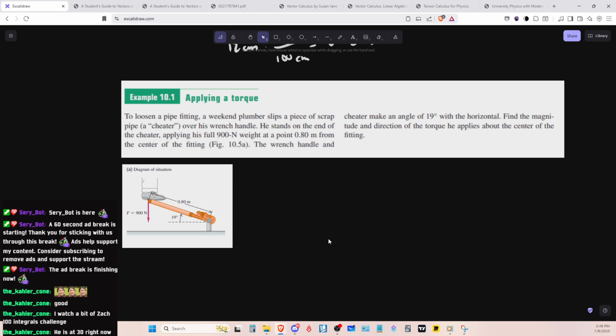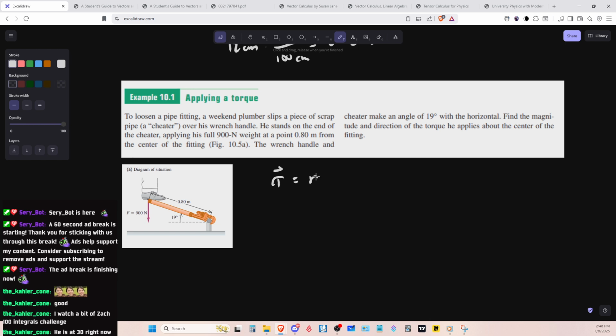Okay, so torque. Let's remember what. So torque is the cross product of the force, which can also be the magnitude of these two times sine.